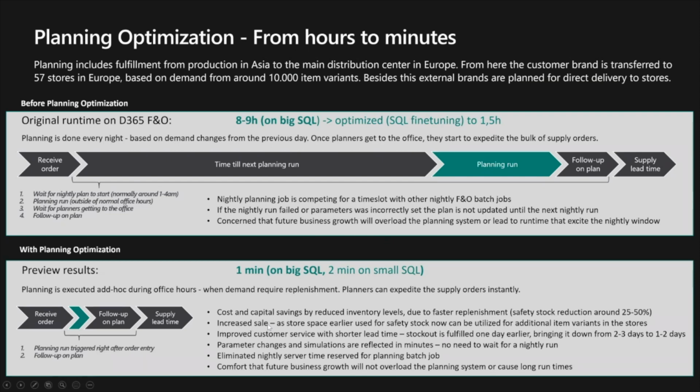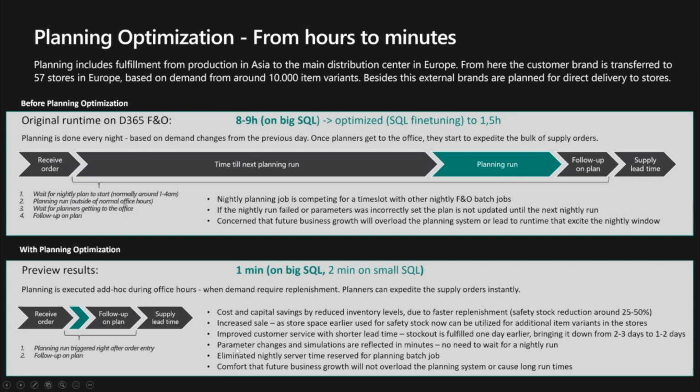It also increased sales because now they could have a bigger variety of products in the store, since they didn't need to have so much of each product. It also improved customer service in stock-out situations because instead of waiting 2 to 3 days, they cut 1 day, so it was 1 to 2 days of waiting time.